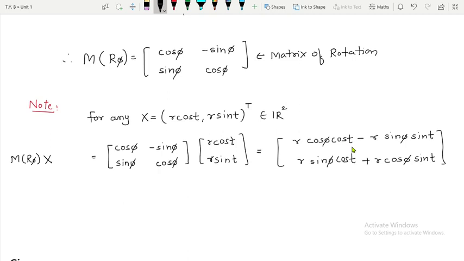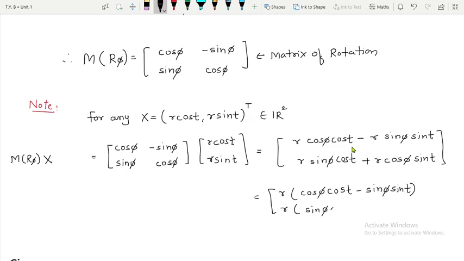This will be further equal to, if you take r common, in the bracket what will remain, cos phi cos t minus sin phi sin t, and from here if you take r common, what will remain, sin phi cos t plus cos phi sin t, which is further equal to r cos a cos b minus sin a sin b.